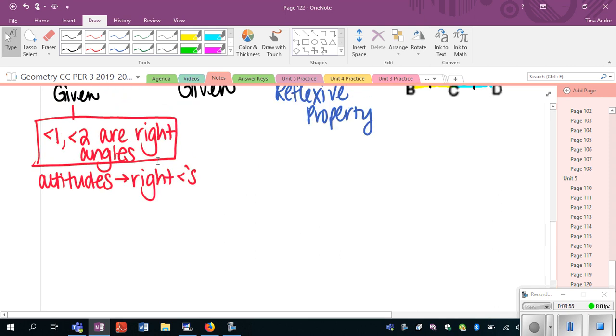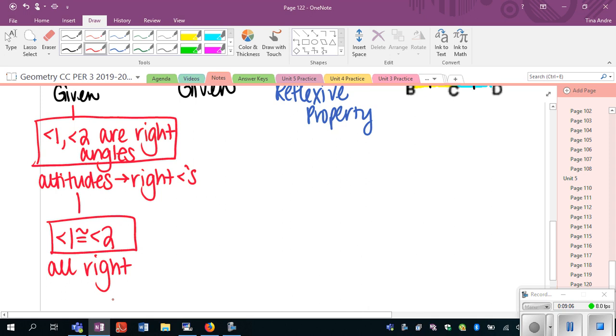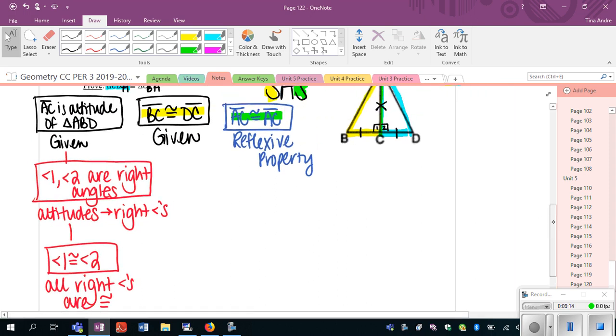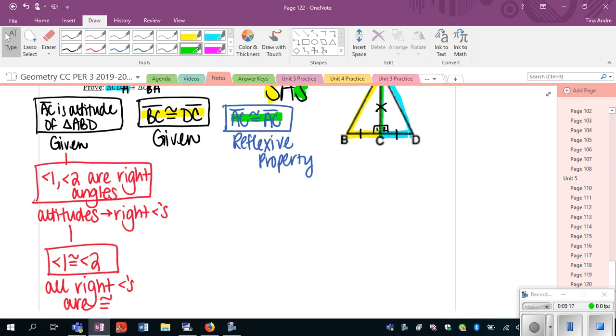And then from here, I need to say that my right angles are congruent, because all right angles are congruent, and I'm trying to find a pair of congruent corresponding angles. So all right angles are congruent. And now when I look at my proof here, this gives me what I need.